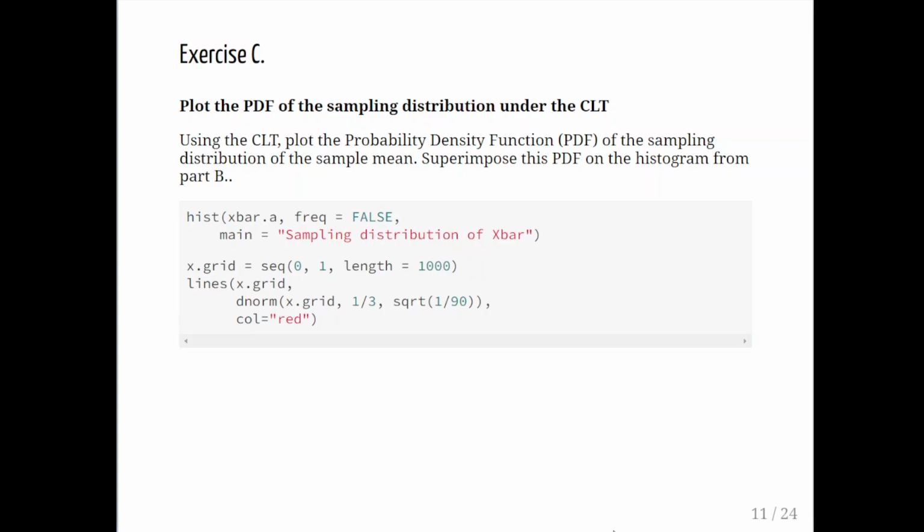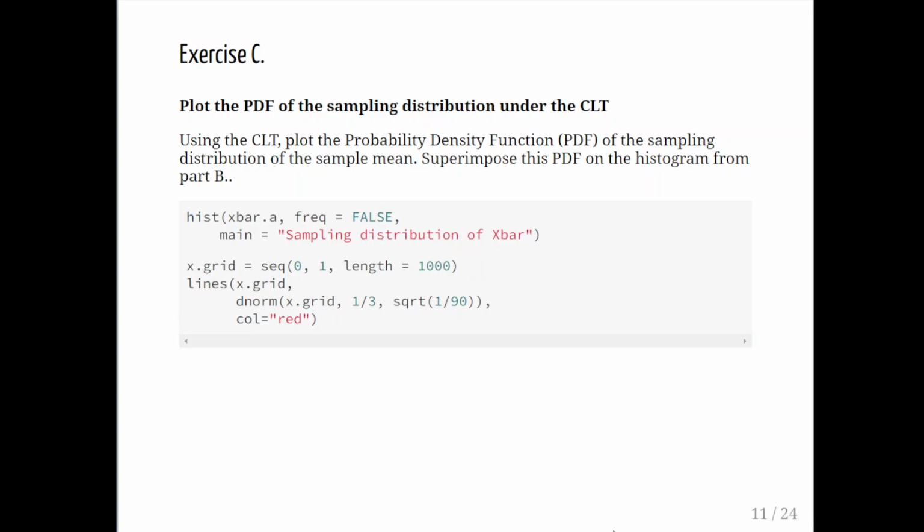The y values use the dnorm function, and the inputs are the x grid values, 0 to 1 in steps of 1,000. So this is dnorm, the normal distribution. And what are the parameters of the normal distribution? Mean, which is 1/3, 1 over lambda, and standard deviation the square root of 1 over 90.